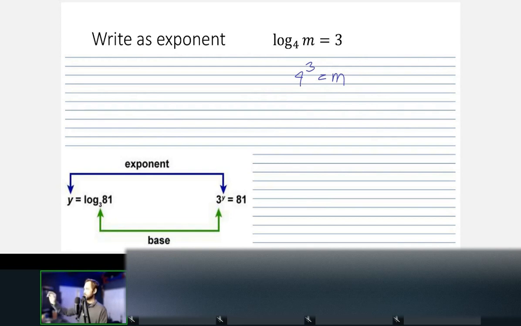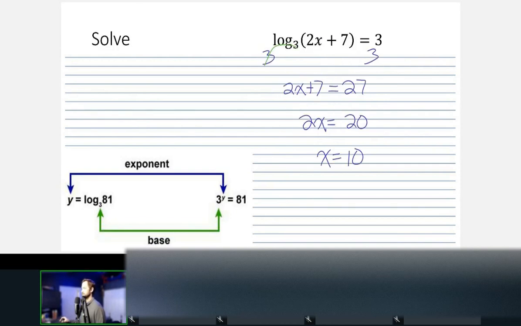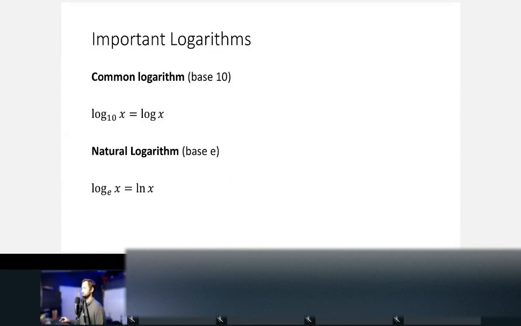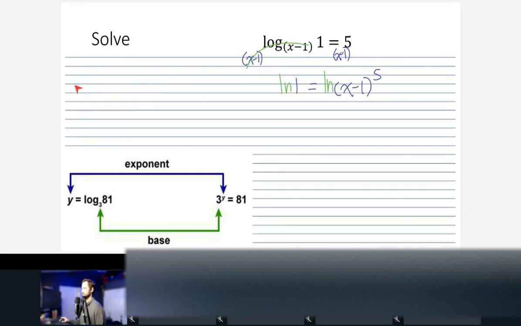So m is equal to 64. We didn't finish this problem only because it only wanted us to convert, not actually solve. So you should get in the habit of looking at it as 4 to the third power equals m. Let's go back to that problem here. When I have natural log of 1, that is the same thing as writing log base e of 1, right?